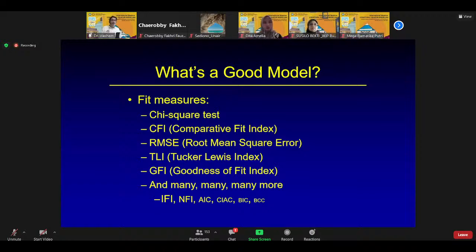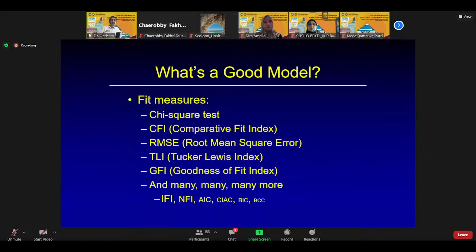So this model fit will help you confirm your model is fitted based on your data, not in general, your data, because maybe the model fit with Indonesian data is confirmed, but with Malaysian data, no, it's not confirmed, right? So even if you prepare a research framework, you have to do the fitting.